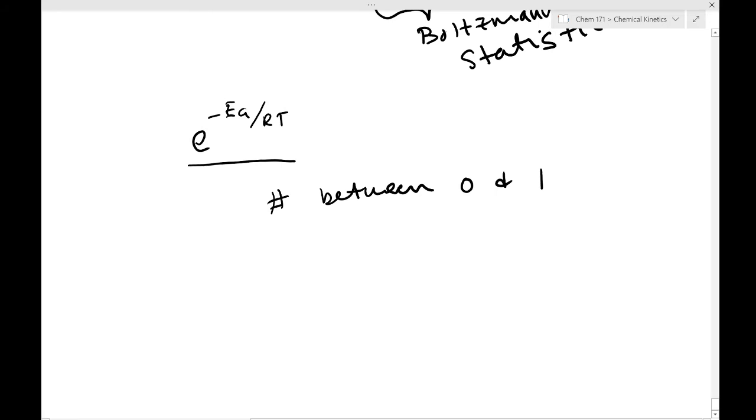So it's the fraction of things that are able to get over on a given approach. The higher the temperature, the higher this factor.